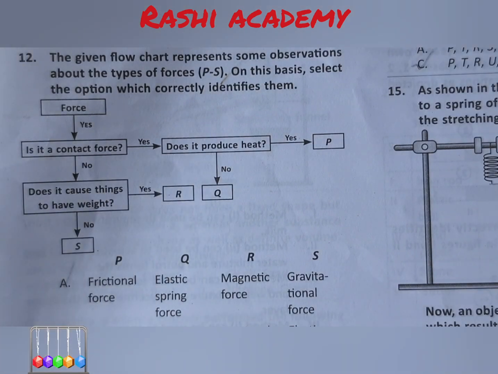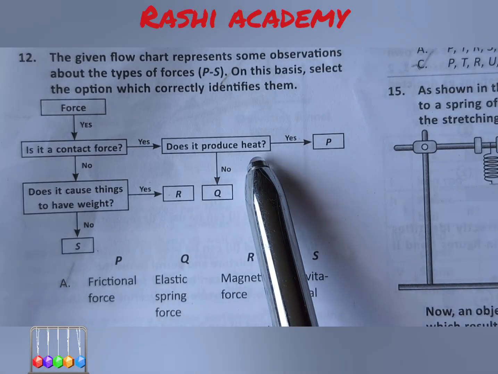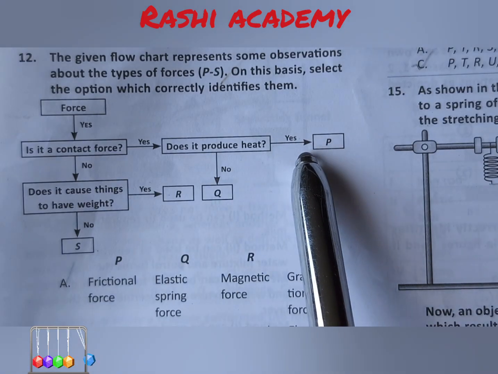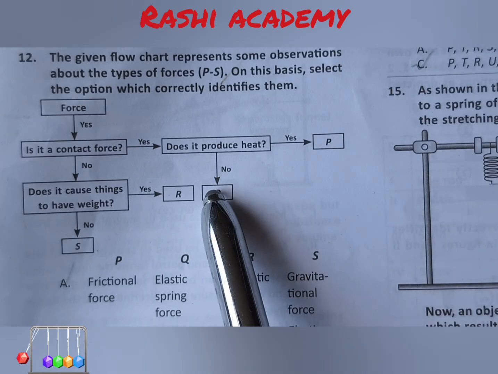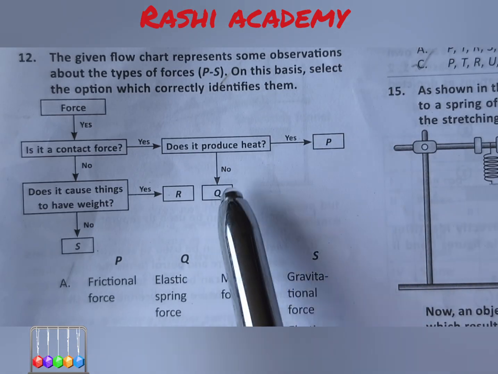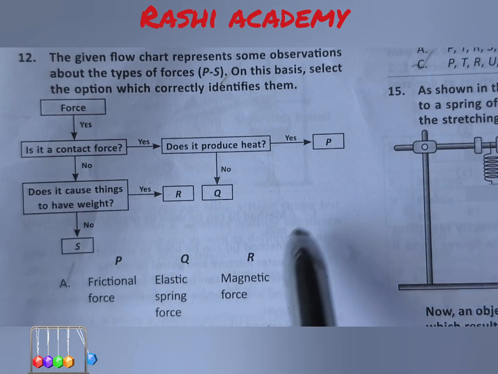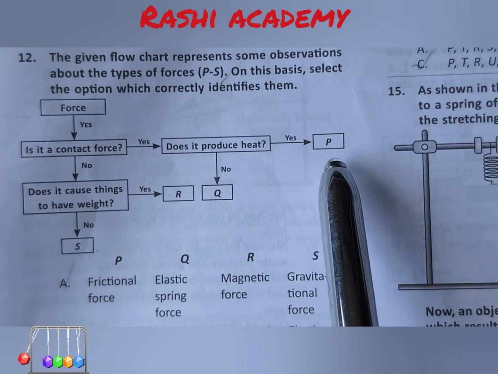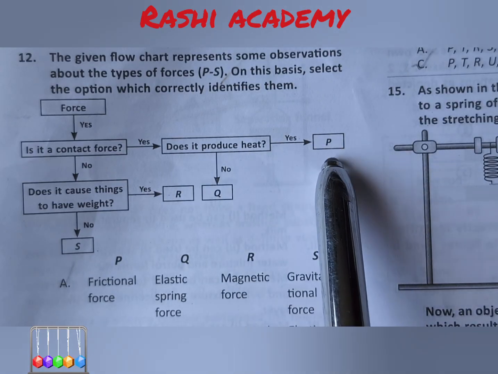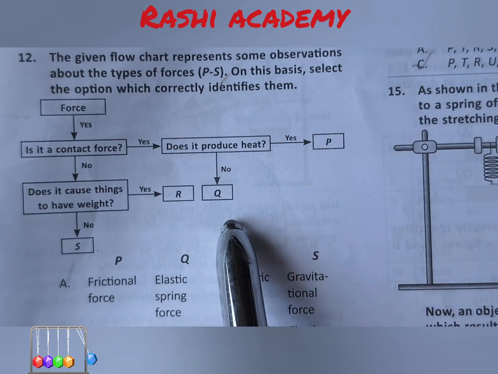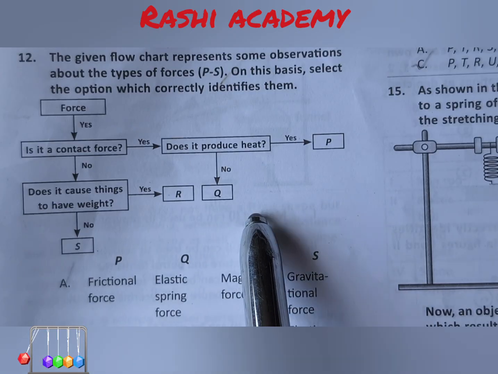Contact force acts only when there is a contact between two objects. Now, does it produce heat? This arrow shows yes and that arrow shows no. P and Q are the contact forces, but P force produces heat and Q does not produce heat.